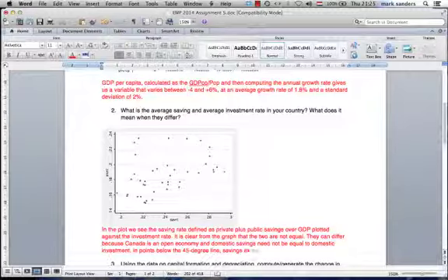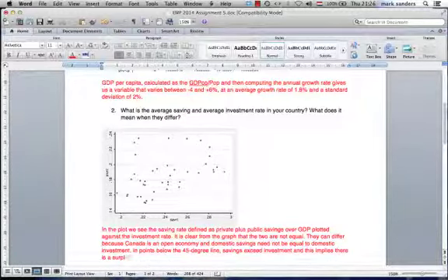Savings exceed investment, and this implies there's more savings in Canada than there is being invested. That means that they're exporting more than they're importing. This implies there is a surplus in the current account.